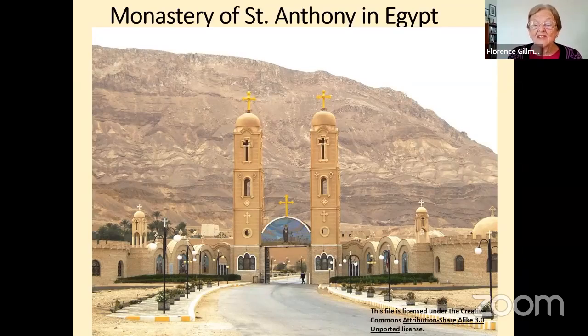So this monastery and the next one that I'm going to show you in the next story are places where they gather. You can have up to 1,000 Coptic Christians come here on a Sunday to be as a community, to reinforce their identity, and so Anthony and everything he stands for is very much alive in Egypt.